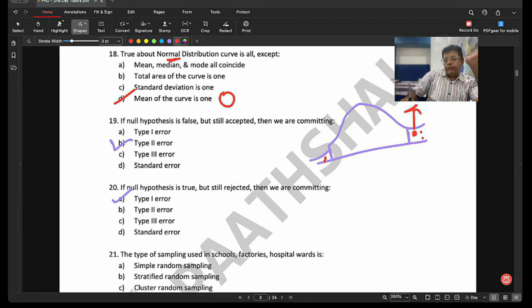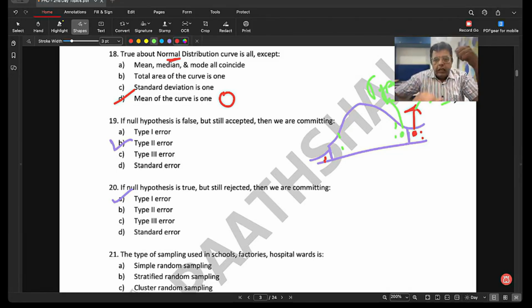You will say false, but now what you're doing is you are accepting it. This is type 2. The reverse is your type 1 error, wherein you are decreasing the confidence interval, which if the value falls usually here, let us say this green, you should have actually accepted the null hypothesis, but now what you're doing is you're rejecting it. Hence the green one is type 1 error and the red one is type 2 error.